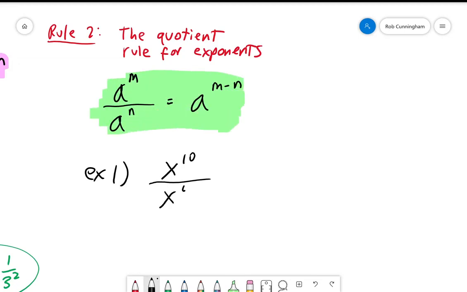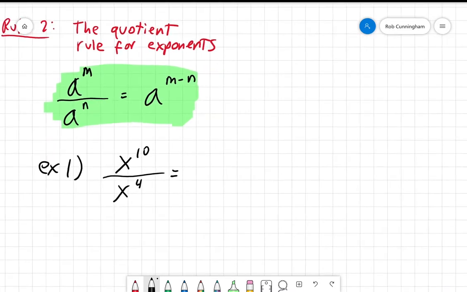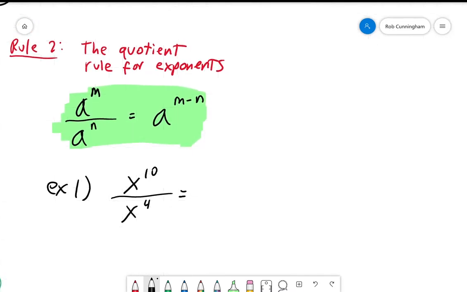So again, as an example, if we have x to the 10th divided by x to the 4th, the answer would be x to the 10 minus 4. Don't be afraid to count on your fingers if you have to. So long as you know which direction you're going, don't worry about it. So 10, 9, 8, 7, 6. So x to the 6th power.